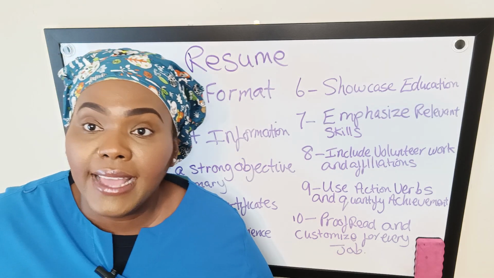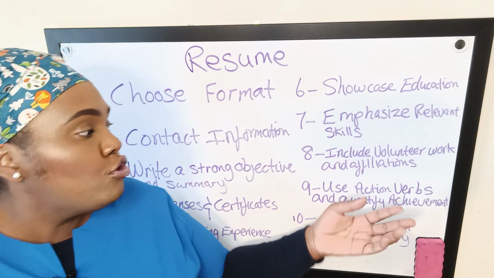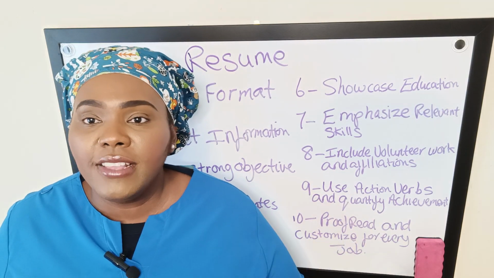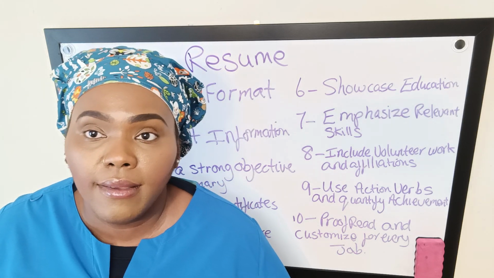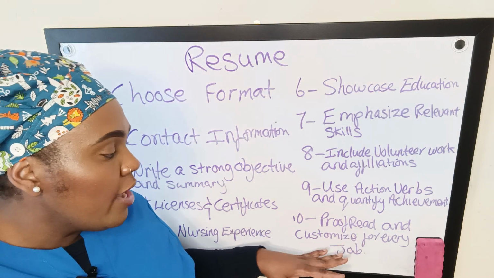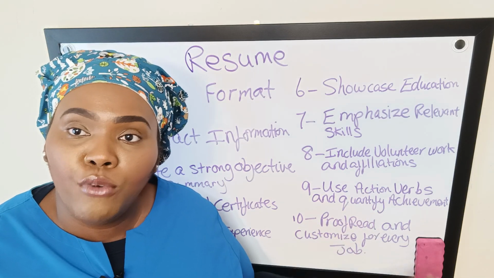I can do midlines because you had your certificate in that, okay, in vascular accessing. So here you elaborate on yourself, on your improvement, on who you are, okay? And at the end, you make sure you proofread and customize your resume to the job that you are applying for.